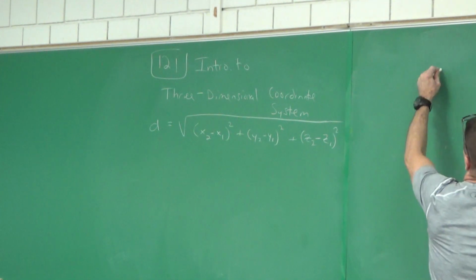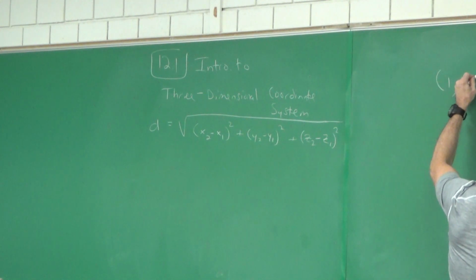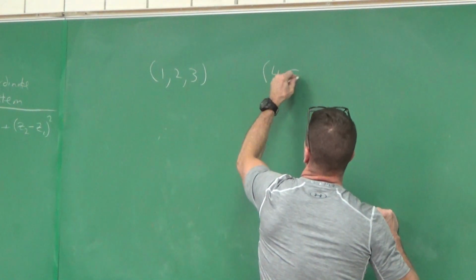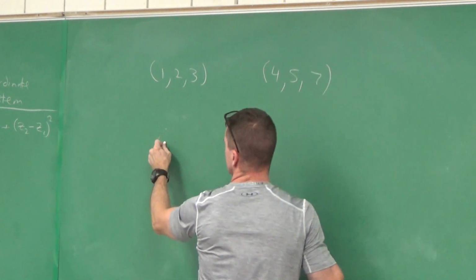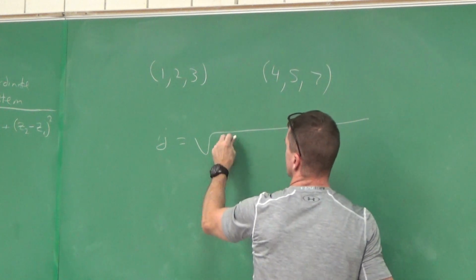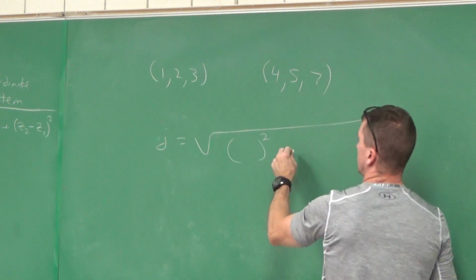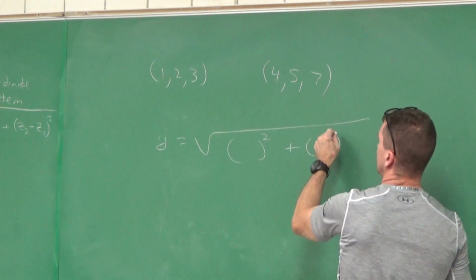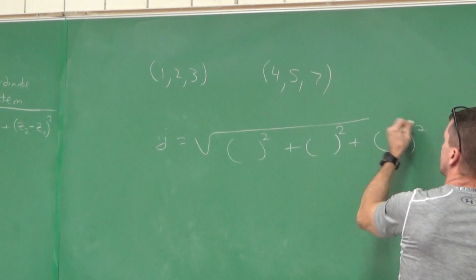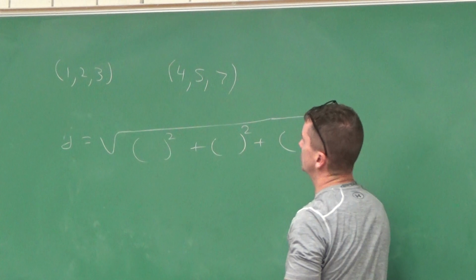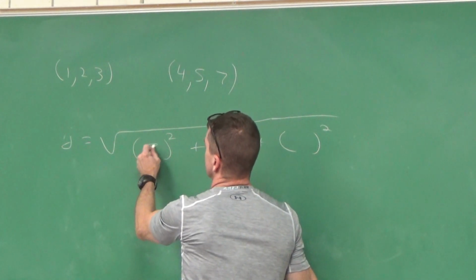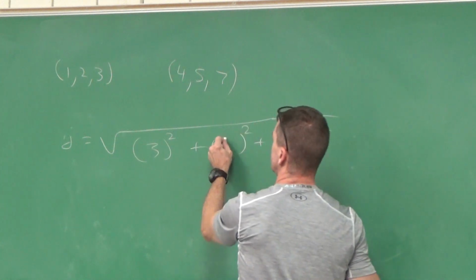So let's find the distance between 1, 2, 3 and the point 4, 5, 7. What's the distance between those 2 points in three-dimensional space? It's 4 minus 1 squared, 5 minus 2 squared, and 7 minus 3 squared. What is 4 minus 1? 3. 5 minus 2 is 3.